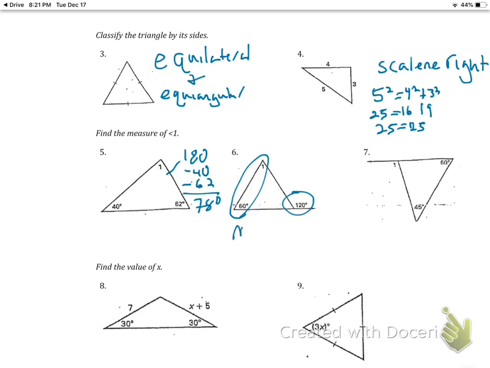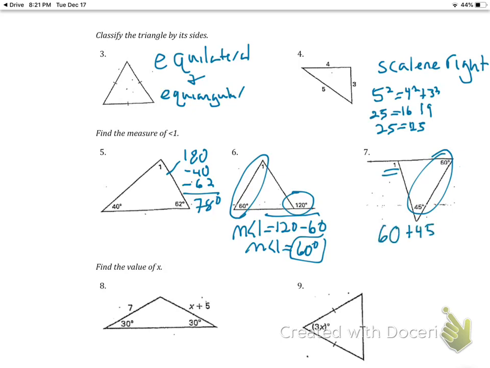So to find the measure of angle 1, we have to use 120 and subtract 60. Well, that means the measure of angle 1 is going to be 60 degrees. Once again, you have the same thing. Exterior angle means the sum of the 2 non-adjacent interior angles, so 60 plus 45, which gives you 105 degrees. Okay, and one more page done. Moving on.